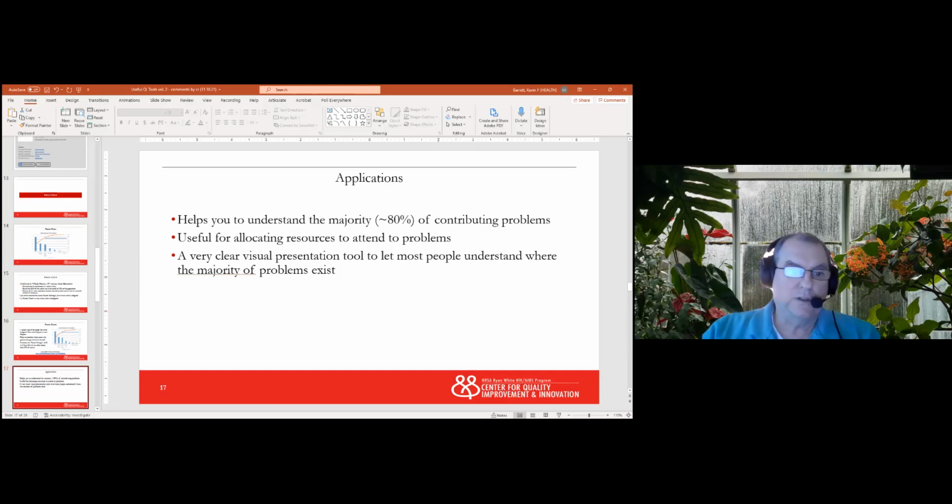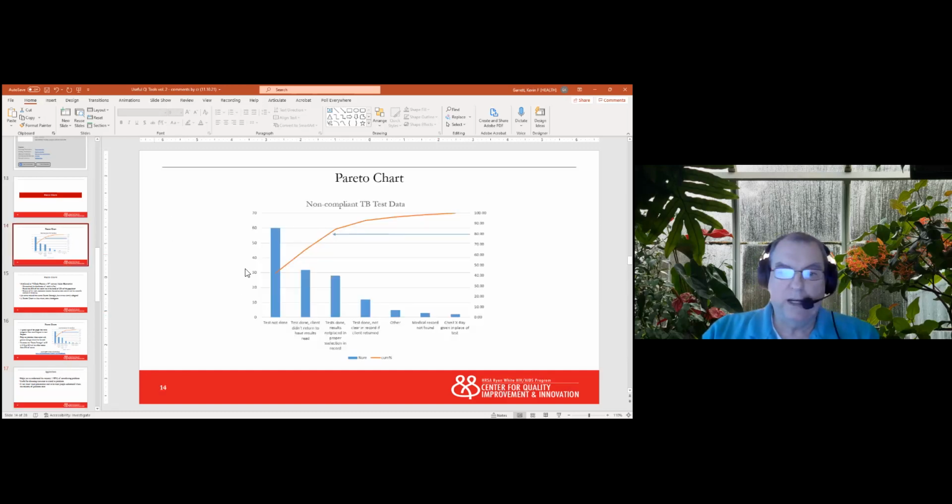And again, it's really good at showing you where 80% of the problems exist, which is in this area. I don't know if you guys can see my cursor moving, but here's the 80% of the problems in this area here. And the rest of it, not to belittle it, but there's other things here that you can address.